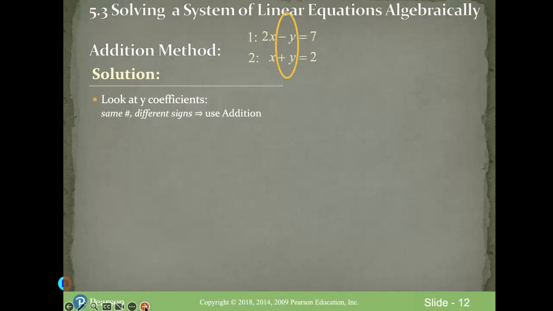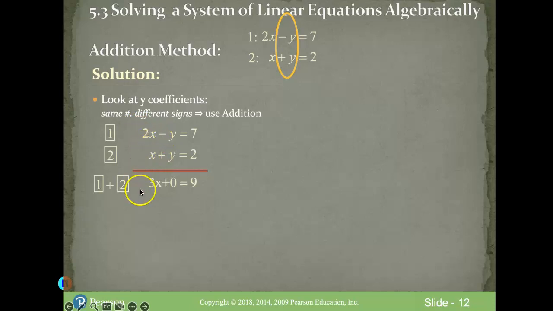Same number, different signs. This is a clue that the addition method may be the best method for solving the system of equations algebraically. So what we do in this method is take each equation and add them together.